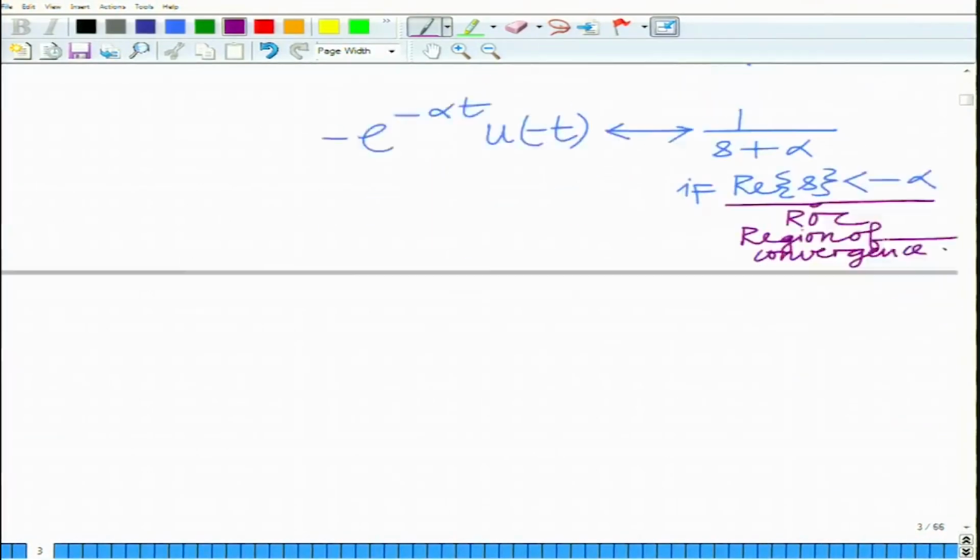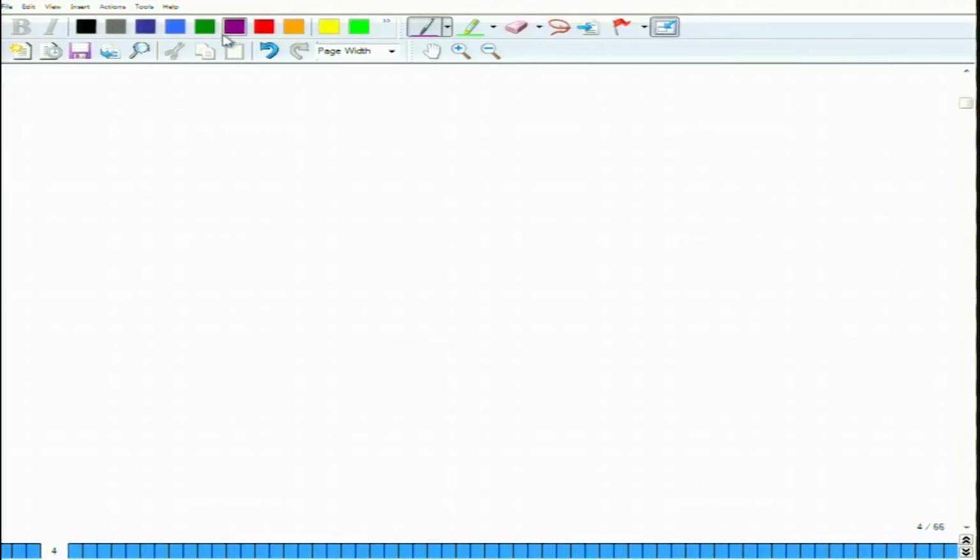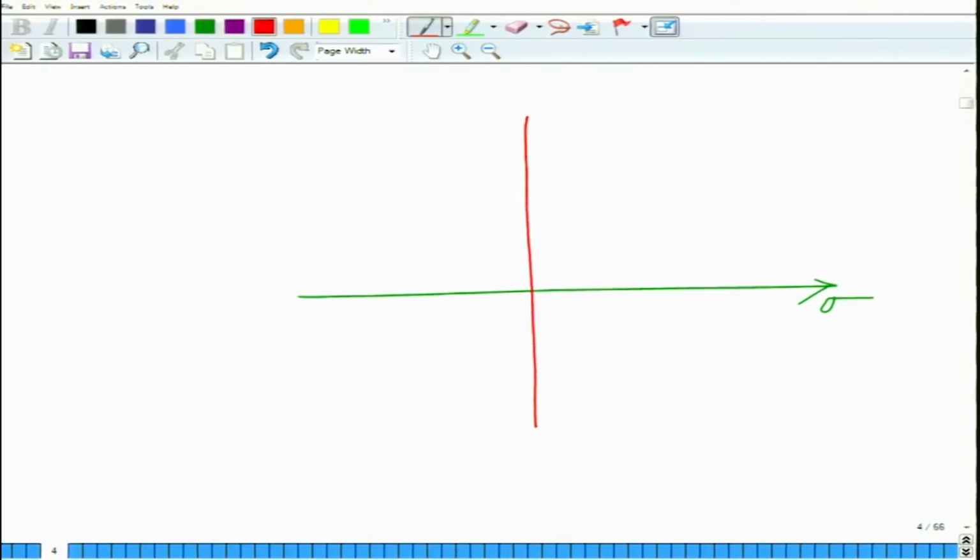And this can once again be represented in the S plane as follows. You have the real axis, you have the imaginary axis, and now the ROC is the real part of S less than minus alpha.